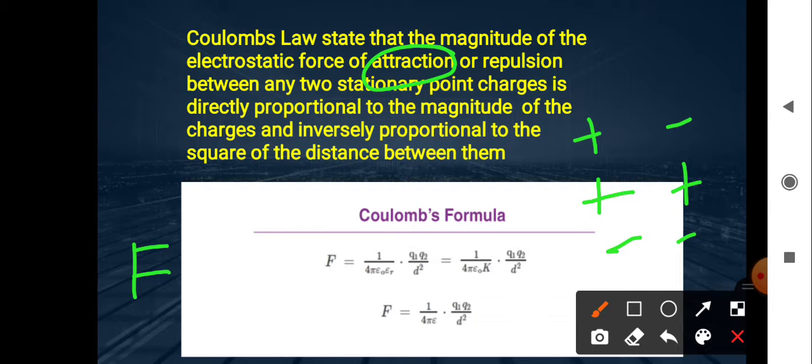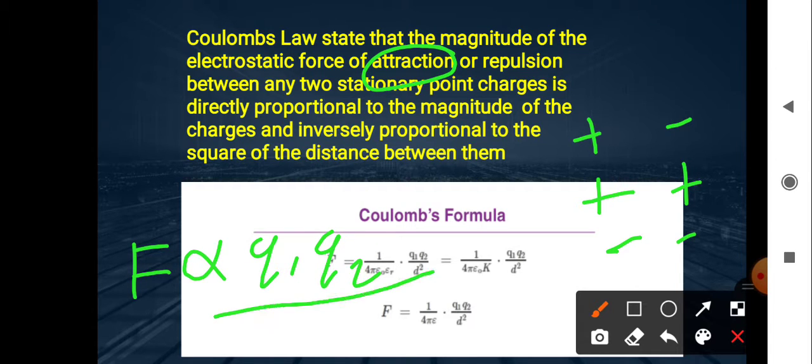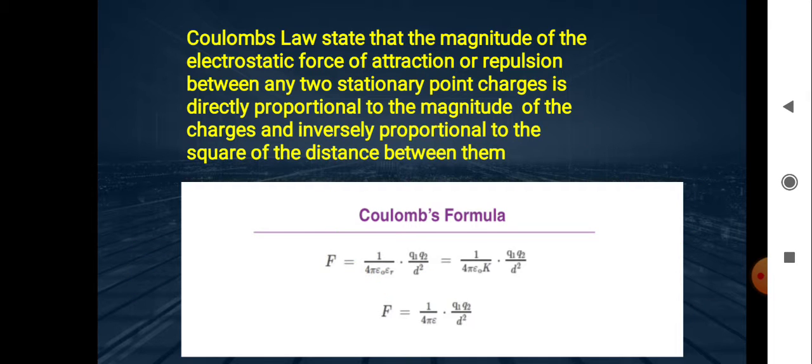Coulomb's law states that the magnitude of the electrostatic force is directly proportional to the magnitude of the stationary point charges, and inversely proportional to the square of the distance between them.